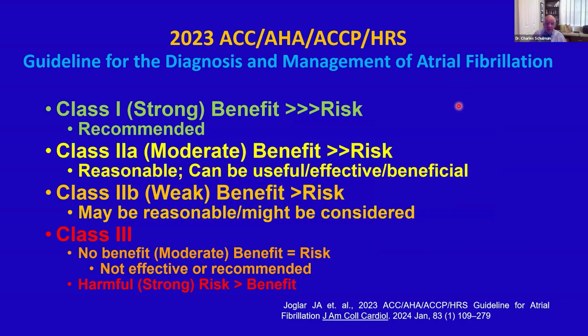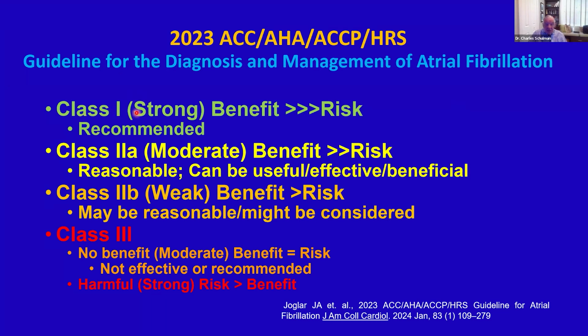The guidelines use the following scheme for recommendation. This is actually the scheme in all of the cardiology guidelines. I don't know the other guidelines, so I can't tell you if it's the same. But certainly in cardiology, the guideline classification scheme looks like this.